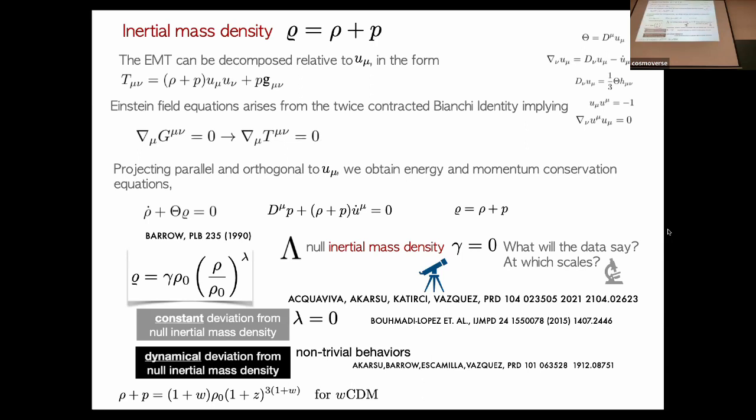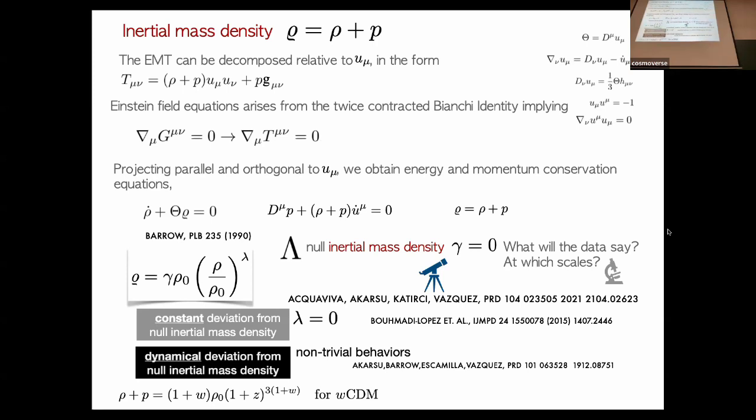So this is the analog of Newton's second law, and this is the proportionality constant. But cosmologists can overlook this equation because there is no spatial gradient of pressure, there is no acceleration because there is no force, and so rho plus p is the proportionality constant. But it is actually the inertial mass density.